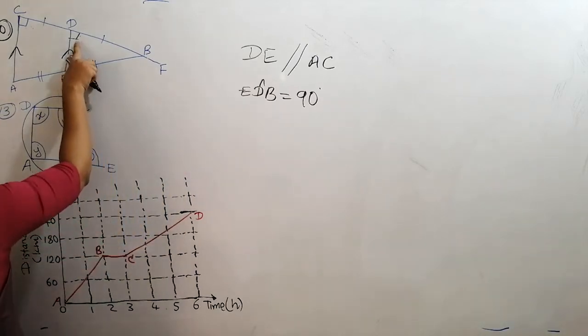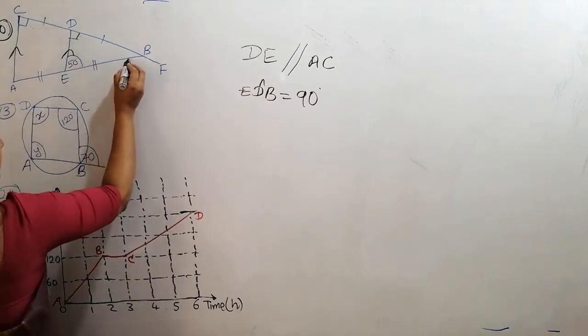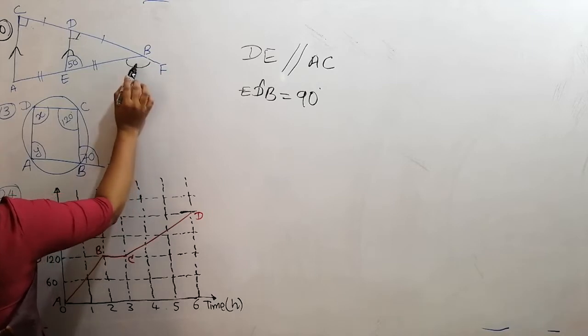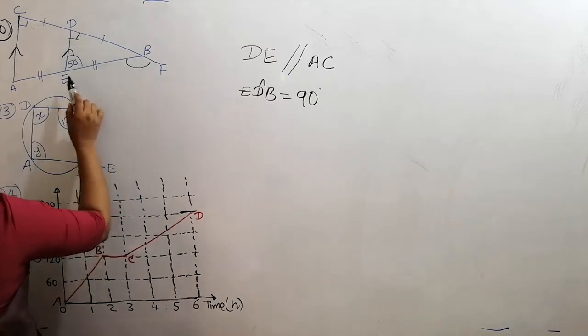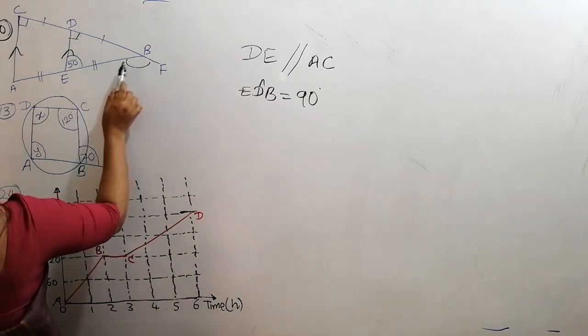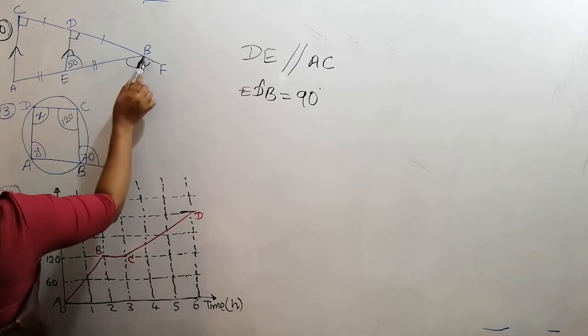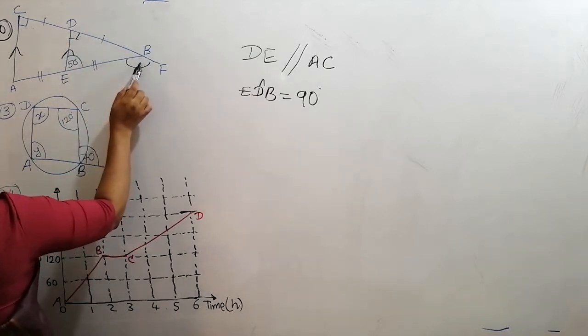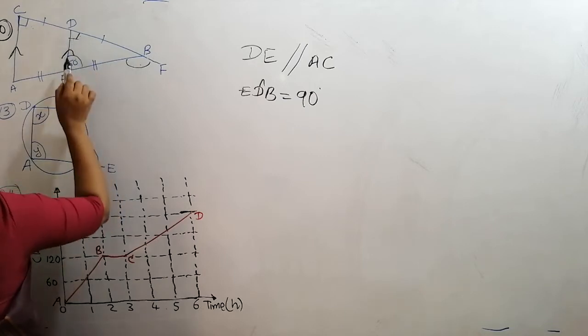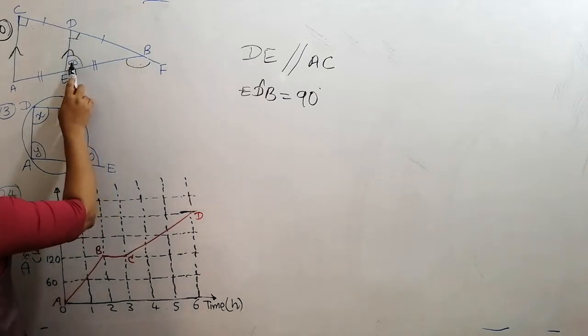Then we know this angle and this angle. We have to find this one. This is the exterior angle to the triangle DEB. This exterior angle is equal to the sum of the interior opposite angles.